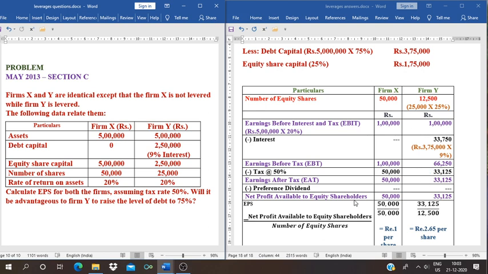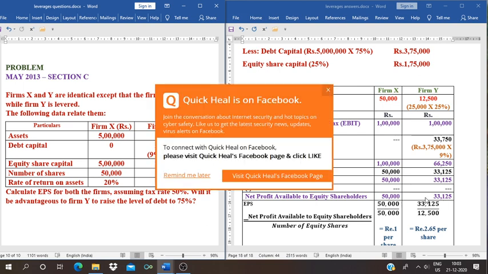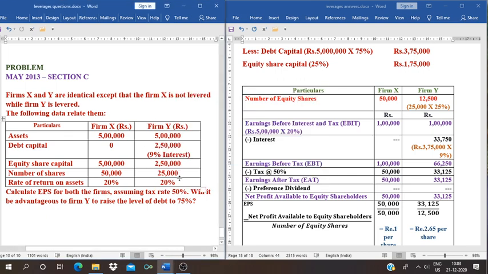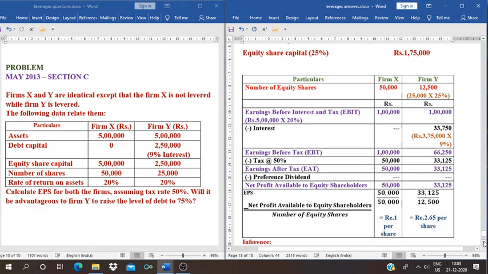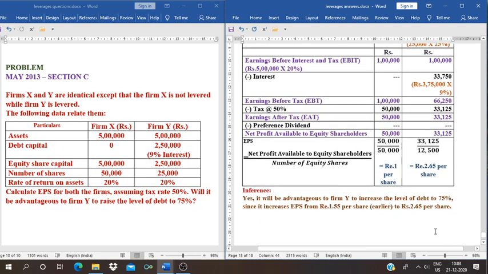At the end we are getting net profit available to equity shareholders, that is for firm X 50,000 and for firm Y 33,125. Next, we need to calculate the EPS. The formula for EPS is net profit available to equity shareholders divided by number of equity shares.